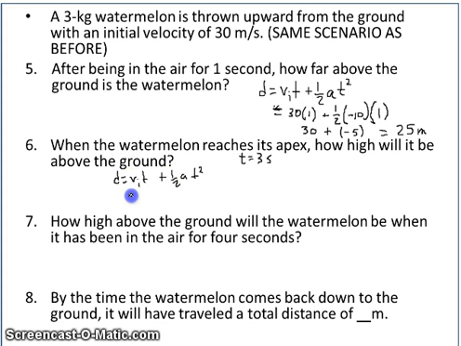How high will it be? Well, the VI is 30, time 3, plus 1/2 times negative 10, t squared is 3 squared. 3 squared is 9. You do all this math here. 30 times 3, 90.